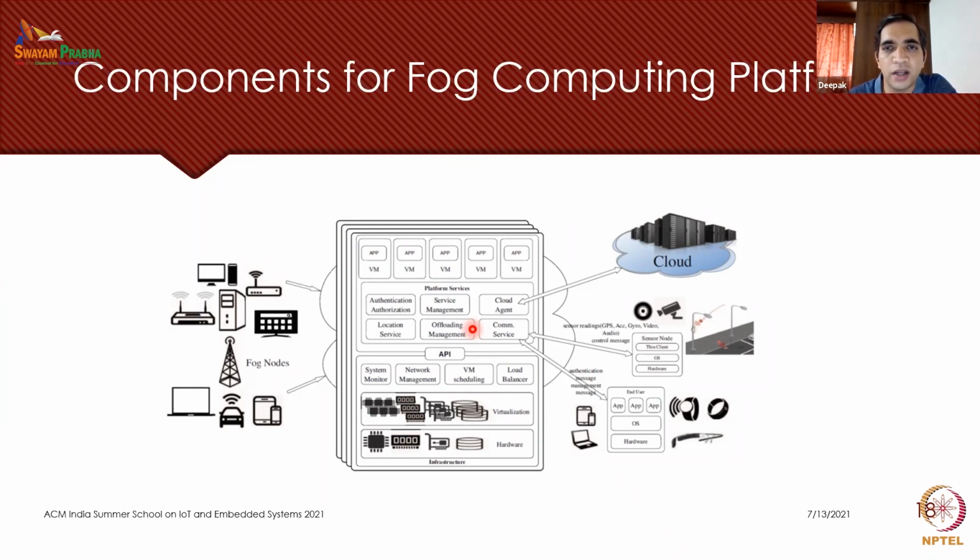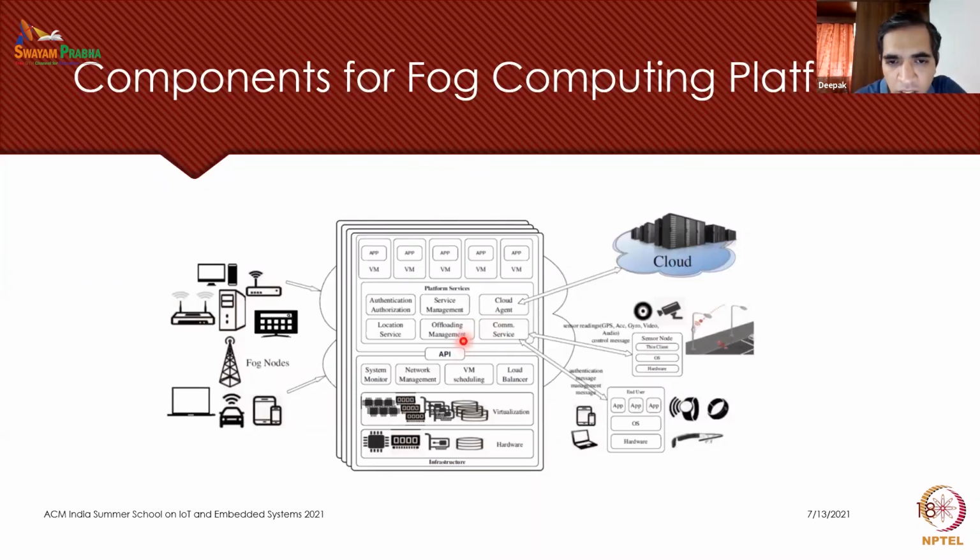Now, there is a way where I could execute the entire function X on my end device itself. Or if the end device is not capable enough to do that, then I could send that function to the fog node here. The fog platform could allocate resources.